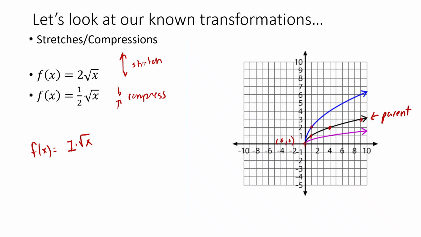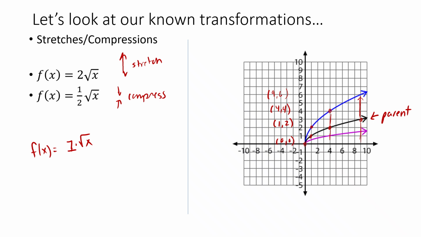But look at where that point is at the point 1, 2, as opposed to the point 1, 1. This right here is at the point 4, 4, as opposed to the point 4, 2. And you're actually doubling the distance. Right here we went up 3. This one's going to go up 6, and so you'll have the point 9, 6.